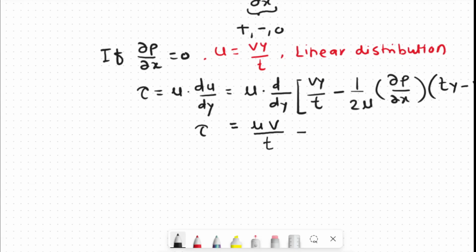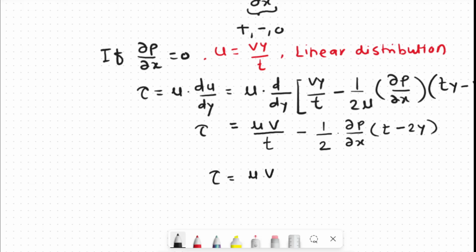Minus, if I multiply by mu, this mu will get cancelled out. So I'll get 1 upon 2 into dp by dx, and the derivative will be t minus 2y.